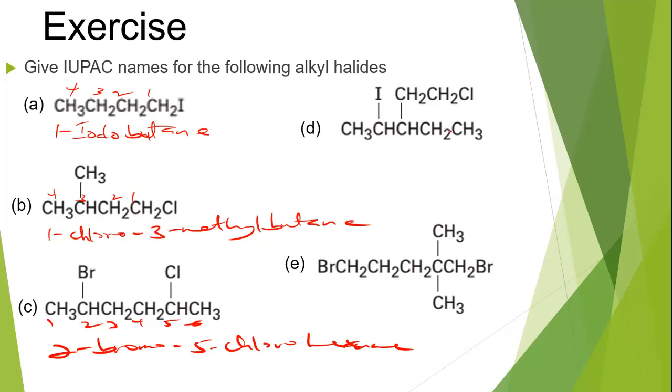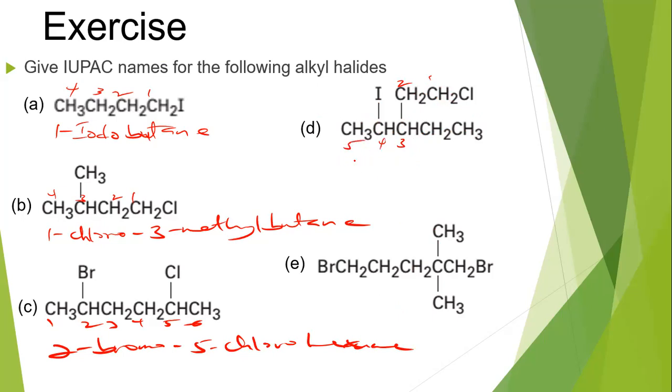Then the next one. So then the numbering can be done in different ways, but you have to number so that the naming becomes very easy. So then I'll number it from here. 1, 2, 3, 4, 5.